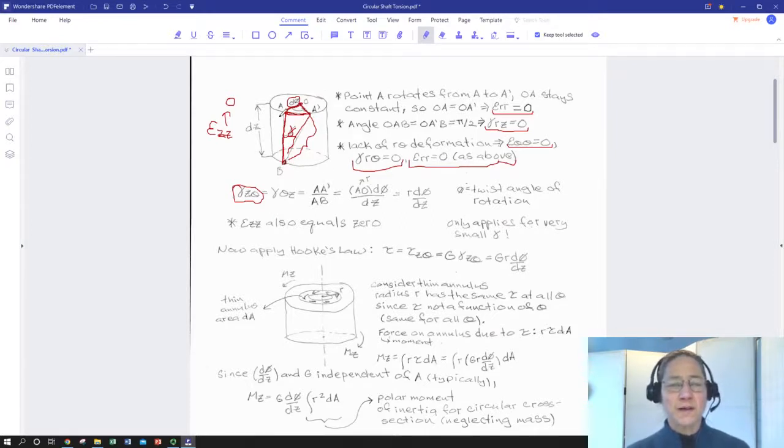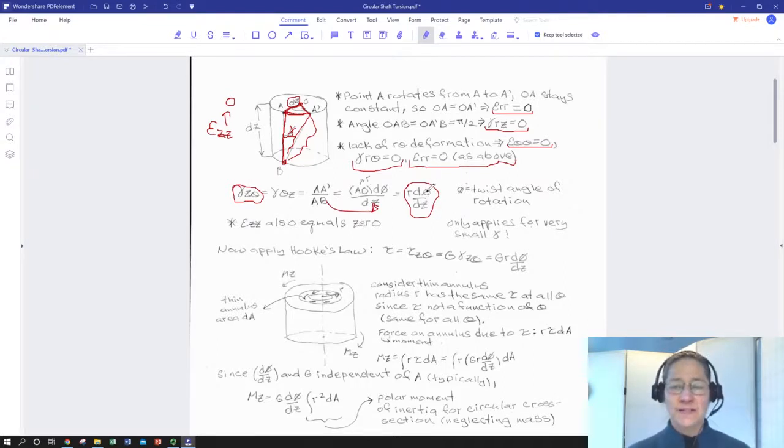Okay, well AB is dz, and A to A prime is our circumferential arc length, which is defined by r d phi. r is just our difference between point O and point A. So we've got AO d phi, which is r, so we now have a fairly simple expression for the one and only strain associated with circular shaft, or any kind of shaft, torsional deflection.